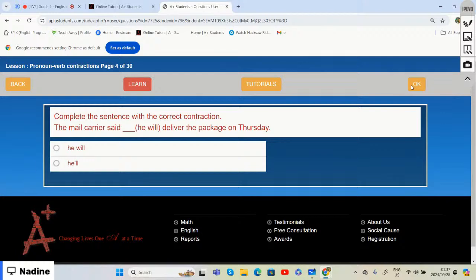Which one are we choosing? All right, so in order to shorten the word he will, you'd rather say he'll deliver the package on Tuesday.